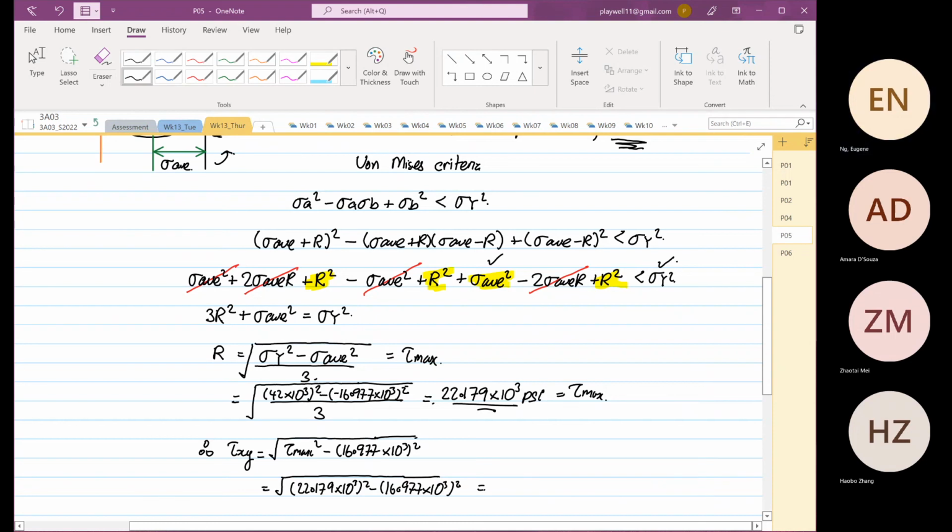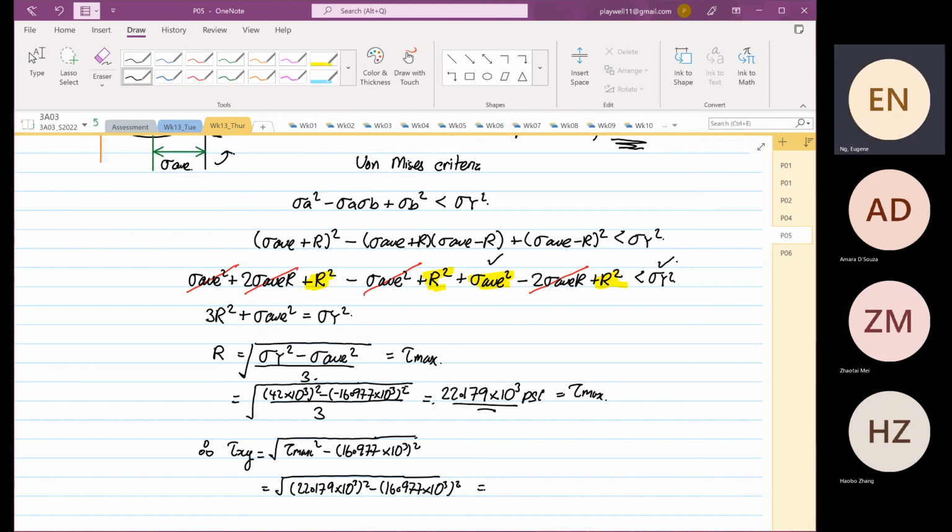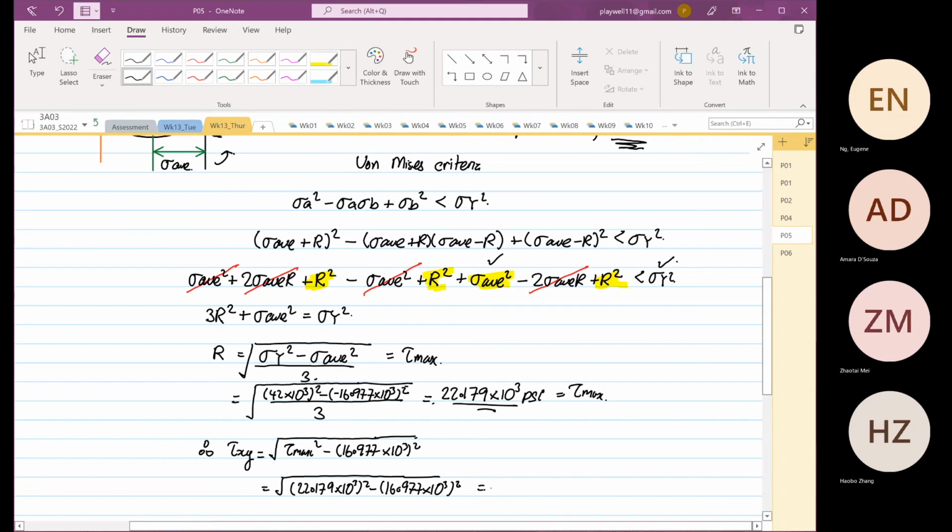The outcome is 14.272 times 10 to the power 3 psi.